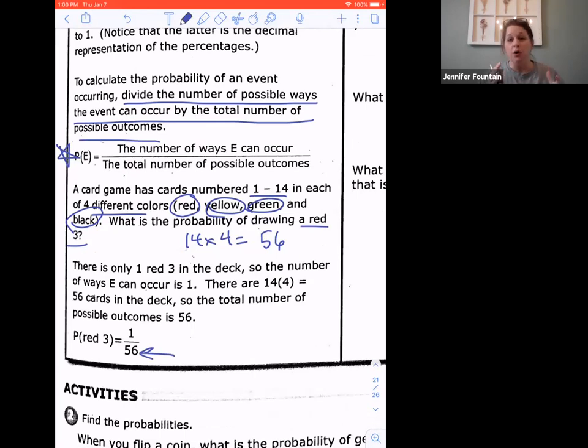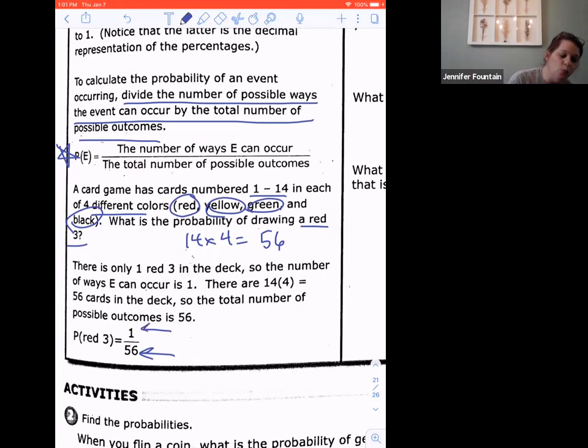If I had all these cards fanned out, pretending my fingers are cards, and I'm going to reach and pull 1, I've got 56 total cards to pull from. But of those, how many is a red 3? There's only going to be 1 red 3 out of all of those cards.